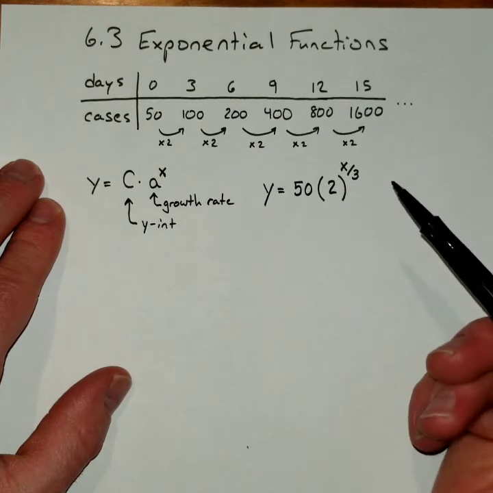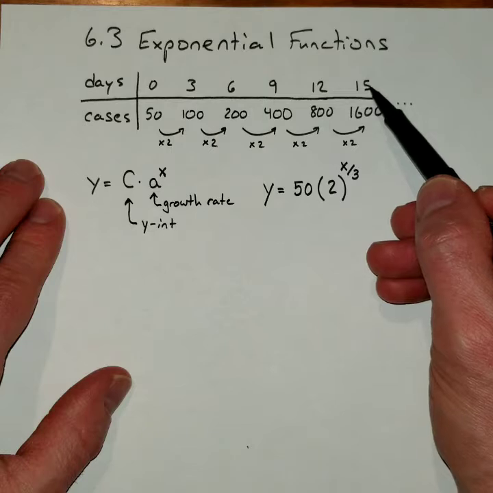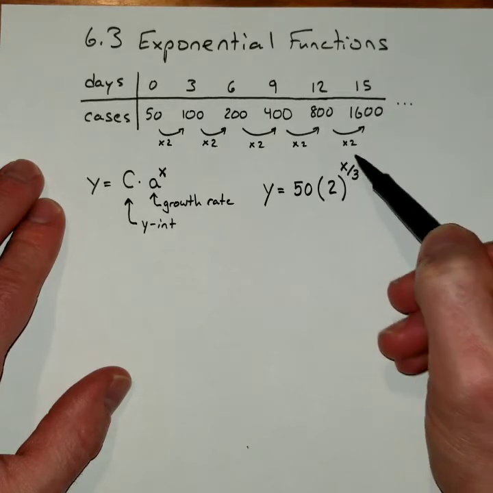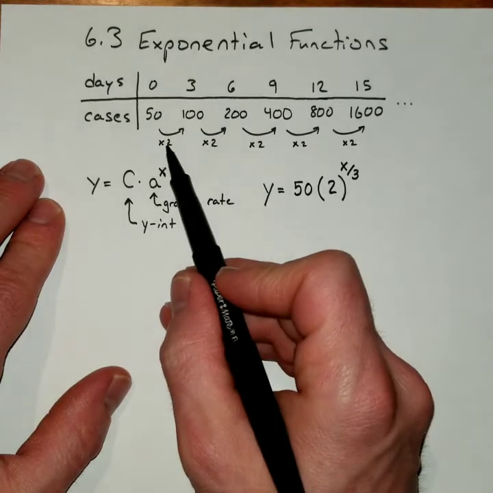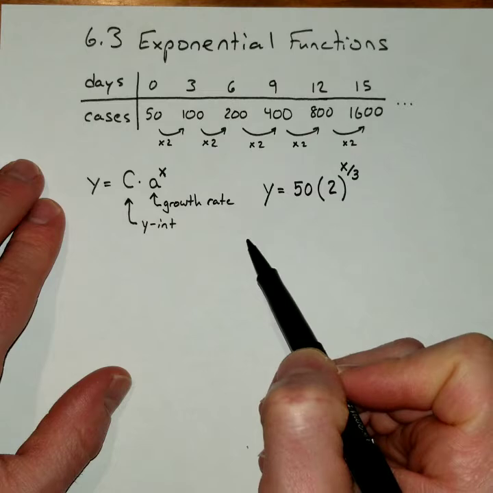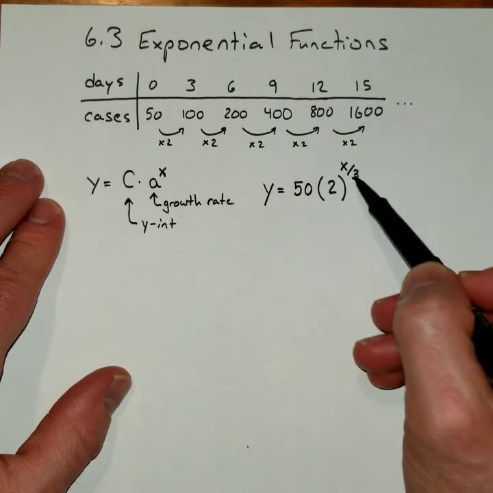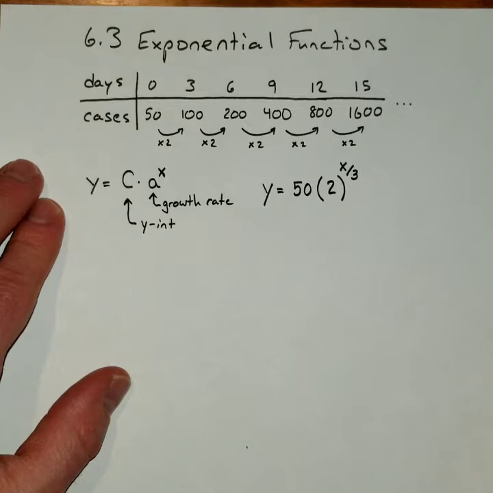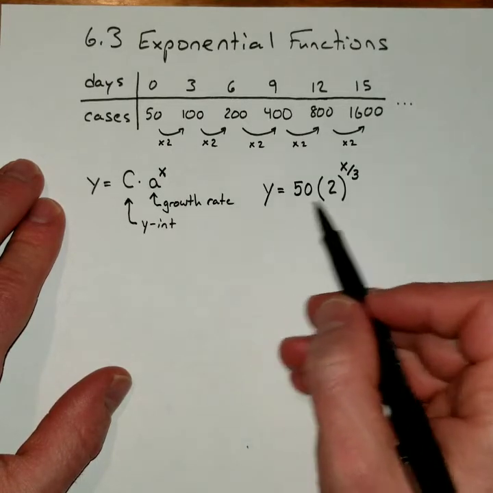And if you think about that, it kind of makes sense. If I throw a 15 in for x, divided by 3, I get 5. 2 to the 5th power, 1, 2, 3, 4, 5 2's. So the exponent should match up to the number of 2's that lead up to that number. So this is a good model.